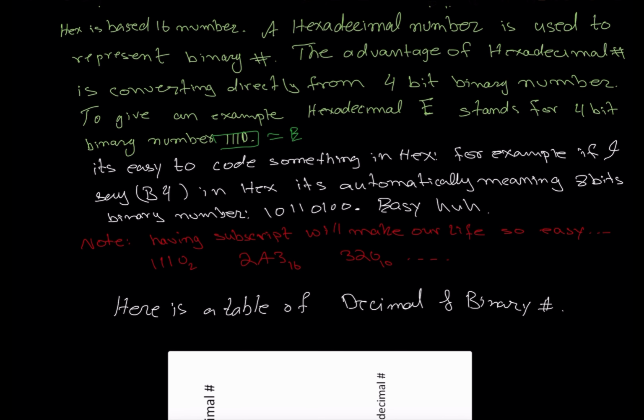Why do we use the hex system? Because we have too many number systems. It's very convenient to use a hexadecimal system because it takes smaller space than the binary system. Let's say for example B4.